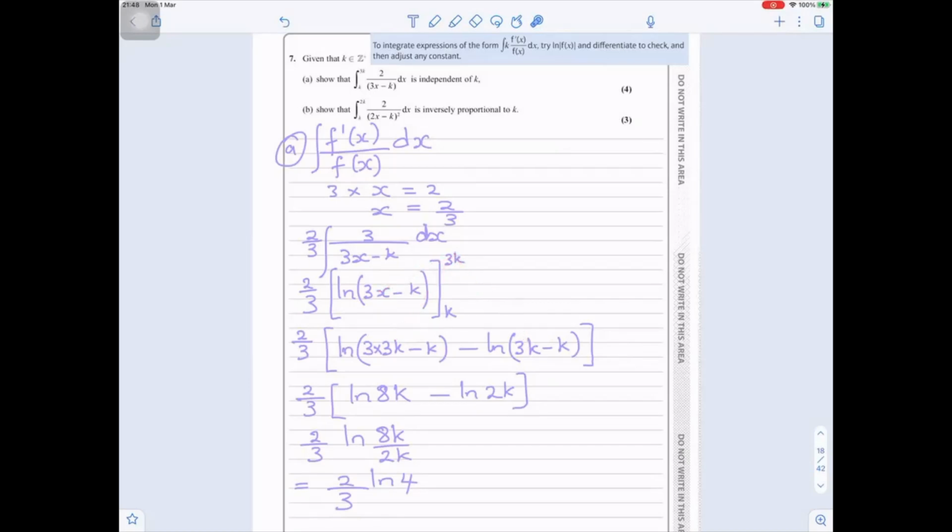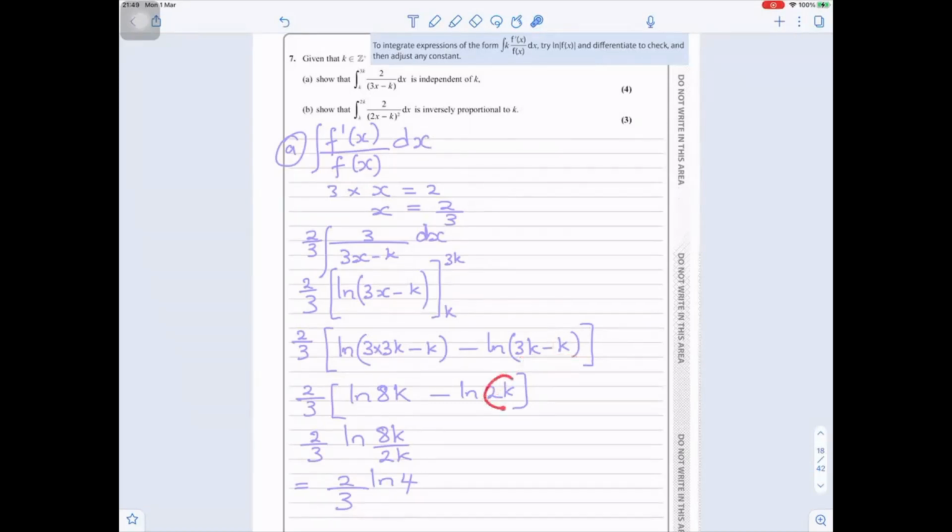And we will simplify that. And then we also substitute k for x. So that gives you 3 times 3 is 9 minus 1 is 8. So ln 8k. And when you substitute k, 3k minus k would be 2k.